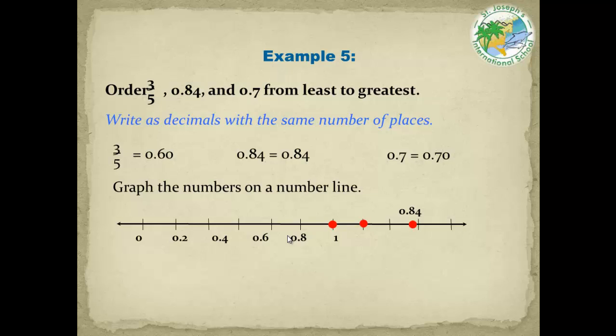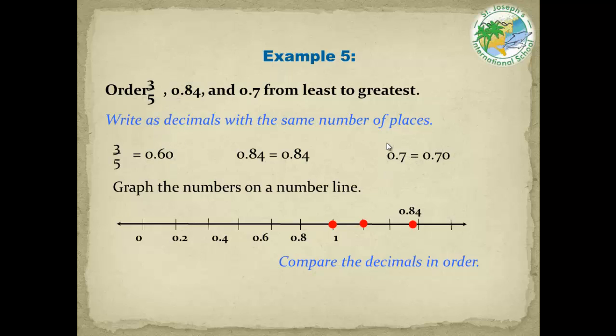Then which is the least decimal number? Compare the decimals in order. That means we can compare without using the number line. That means if we write these decimal numbers under each other, look at the decimal numbers. 0.6 is the least decimal number.